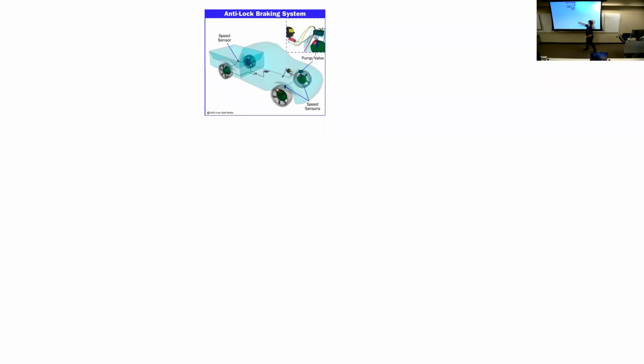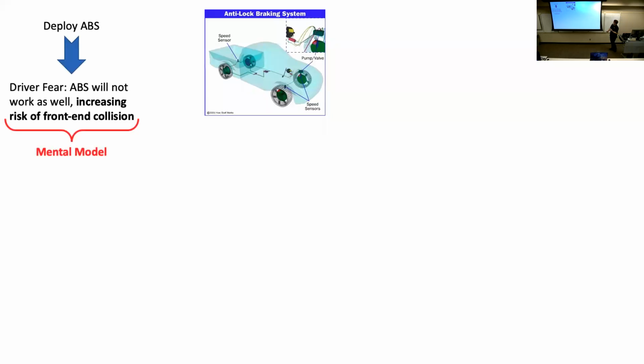Eventually, they realized that you could implement an automation system. So you could build a car that would be able to pump these brakes for you. And so they started selling cars, and now all cars have ABS, so when you slam on the brakes, you just put your foot down.